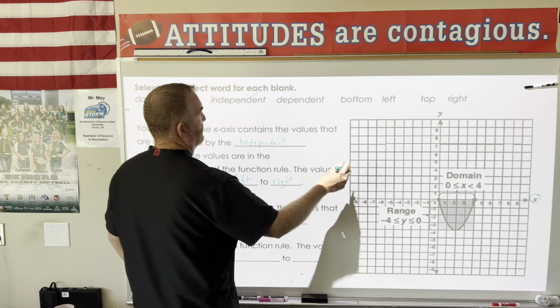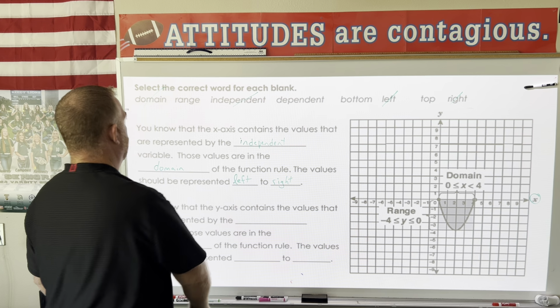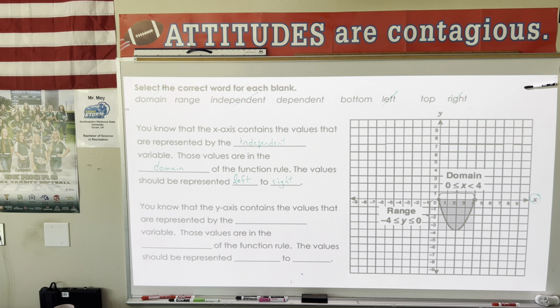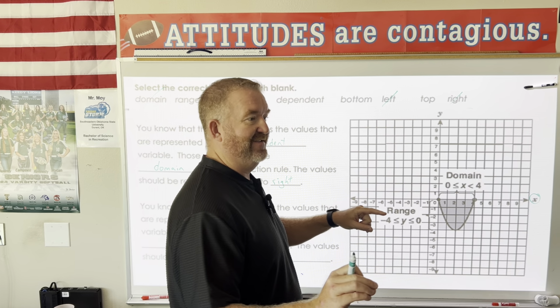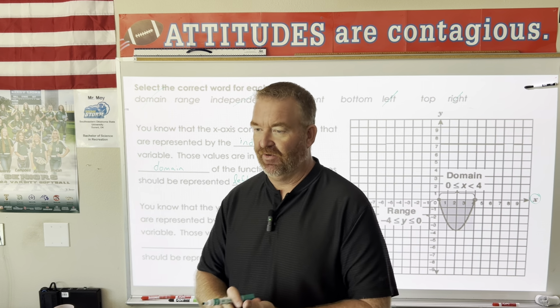Good. So we got left to right, and we took care of domain. It all kind of ties together, right? Stuff we've talked about. Wake up, guys. Are we good? I know you're tired. We're all getting tired. We're okay.